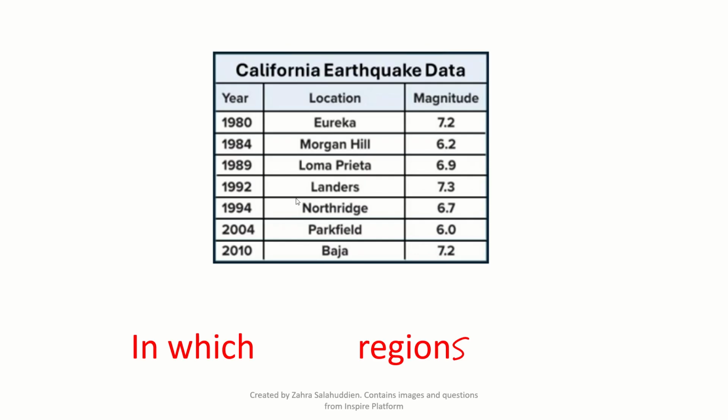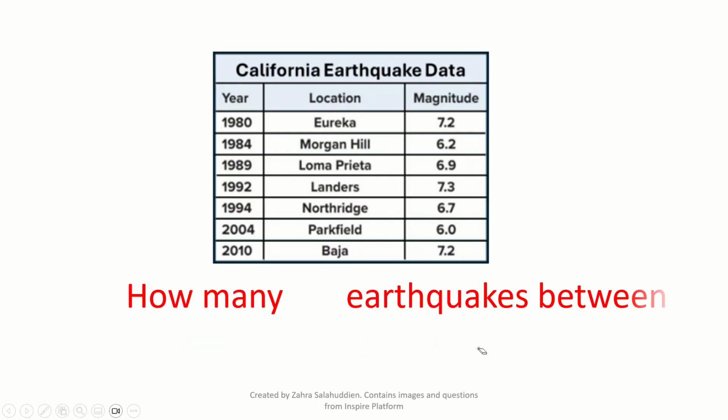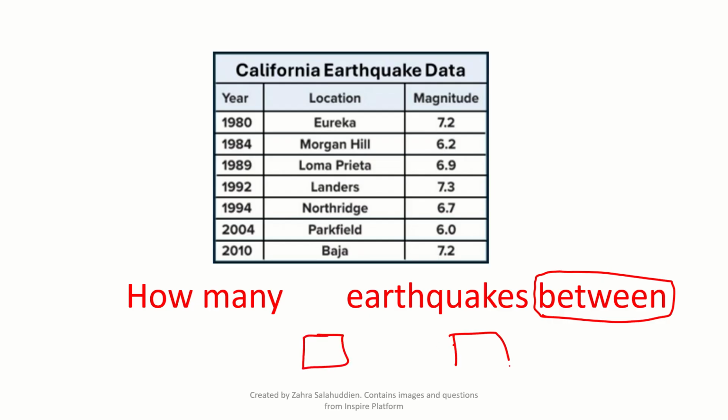Okay, let's look at one last type of question where we are looking at range of numbers. So, sorry about that. How many earthquakes between? So if it says between, that means we're going to look from one number to another number and then count it. So for example, if they tell me between 6.2 and 7.2, so that means the numbers that come between 6.2 and 7.2.